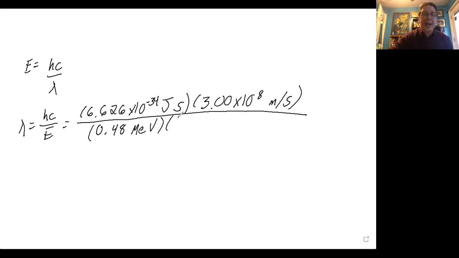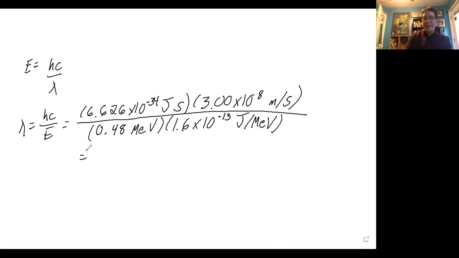And the conversion again is 1.6 times 10 to the negative 13, not negative 19, joules per mega electron volt. And I apologize for the confusion earlier. And so this gives the wavelength.